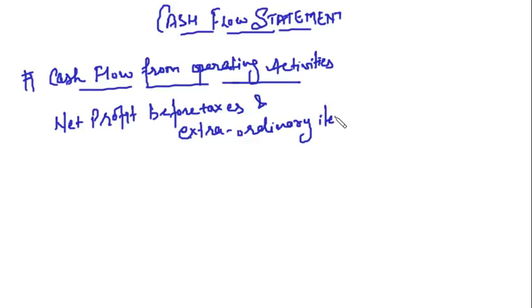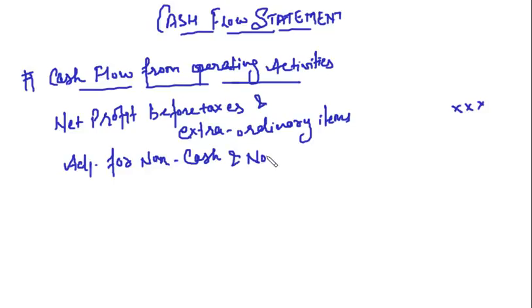Then the adjustment for non-cash and non-operating items. So the two conditions are whether the activity is operating or not, and whether the activity is cash generating or not. So we have to check two conditions.